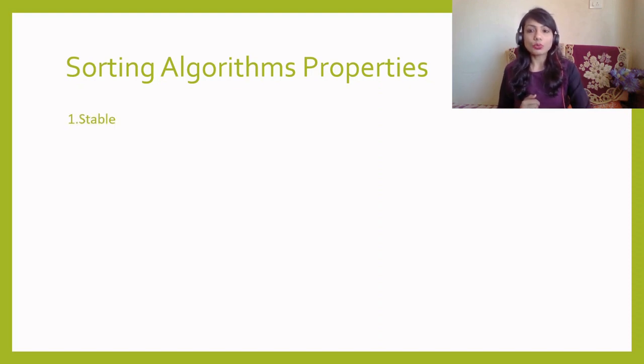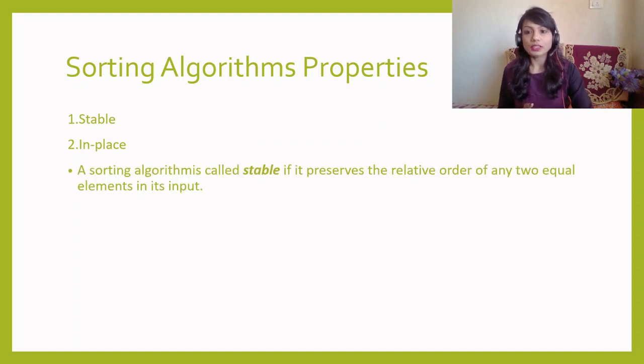There are two important properties of sorting algorithms: one is stability and the second is in place. So let's see what these properties are. A sorting algorithm is called stable if it preserves the relative order of any two equal elements in its input.